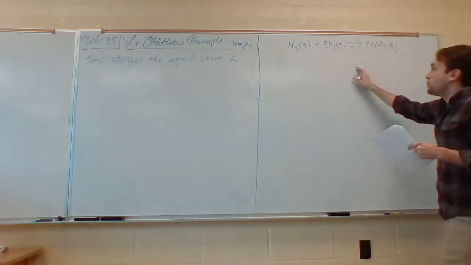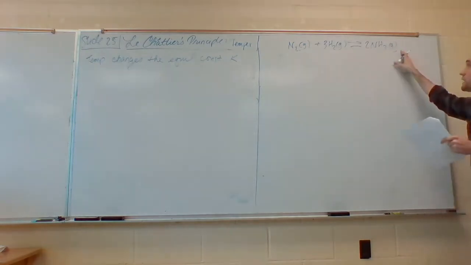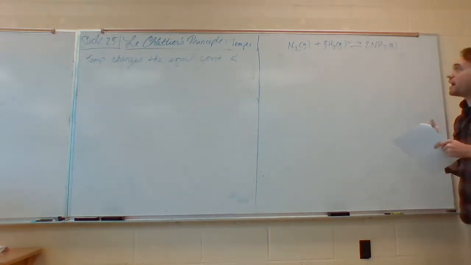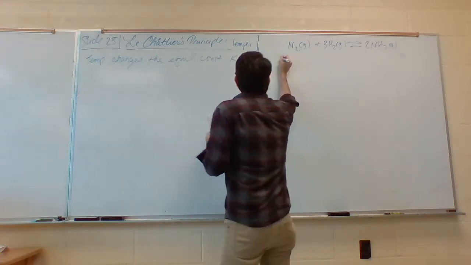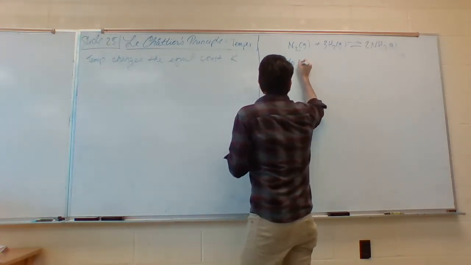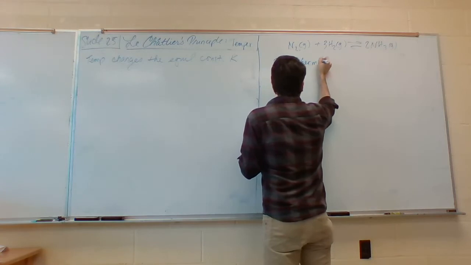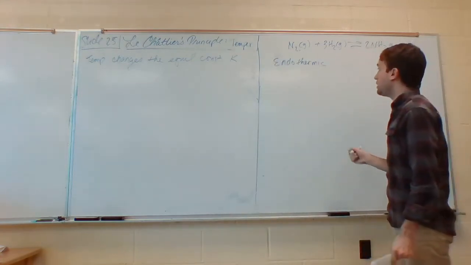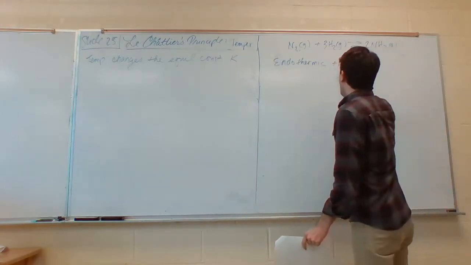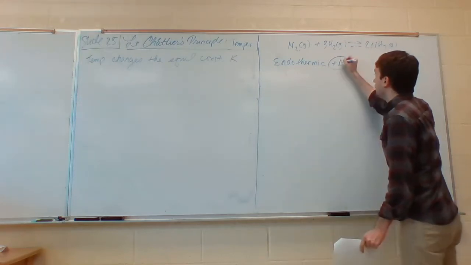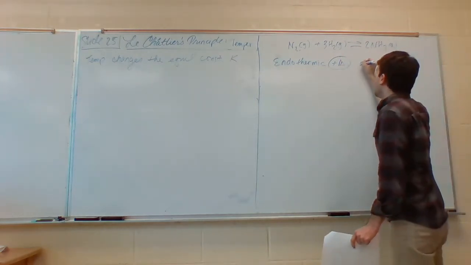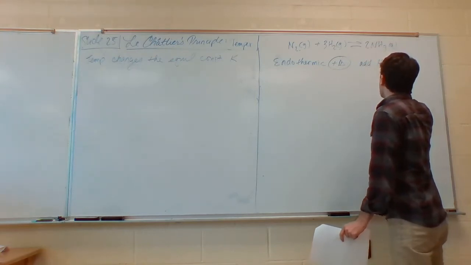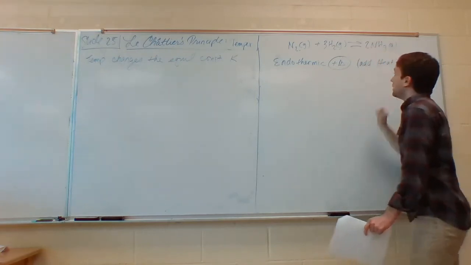Now, this reaction requires heat to go to the right. So that means it's an endothermic reaction. Okay? This is endothermic. Okay? Now, if it's endothermic, that means that we add heat. That little triangle with a line in it is heat. So if it's endothermic, we add heat. Okay?